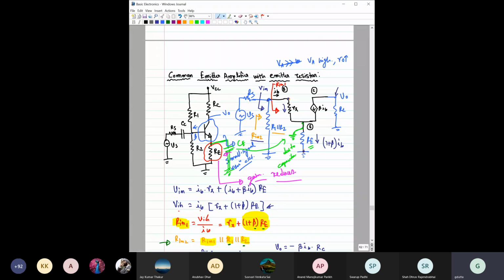If you actually draw the complete circuit from here, you will also find how this Vs is distributed between Rs and this R pi, if you have two different resistances here. This R pi will determine the voltage drop V pi, which will determine GM V pi, what the current would be.